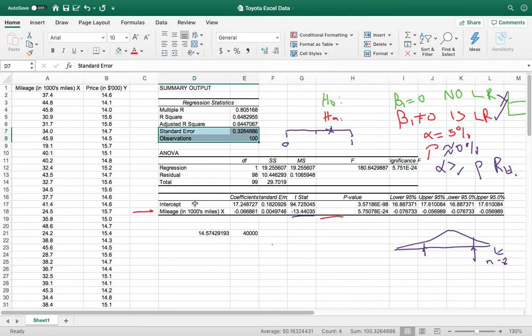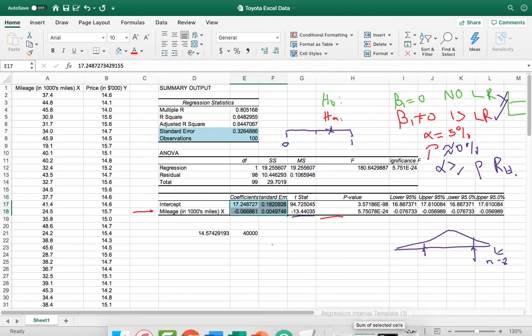We need this data, and we need this data, and you just need to put that into the template to find the intervals.